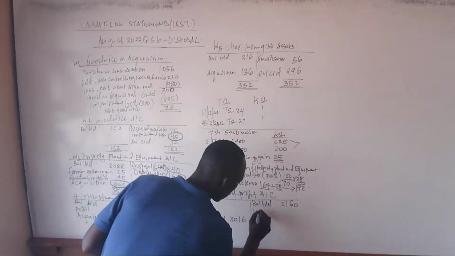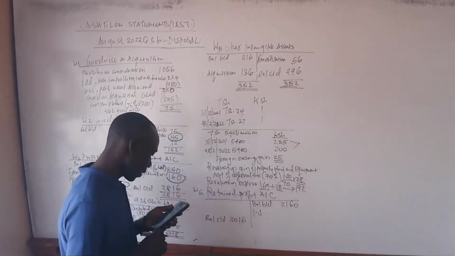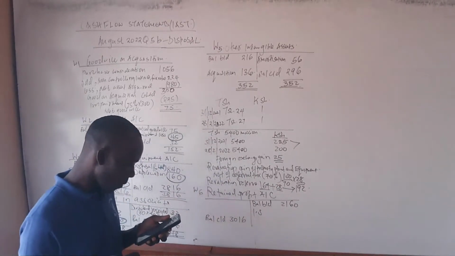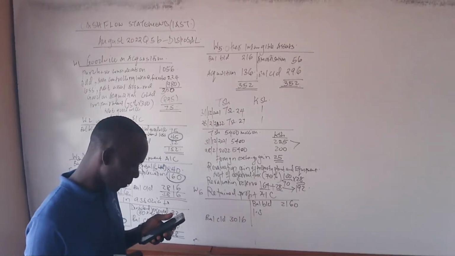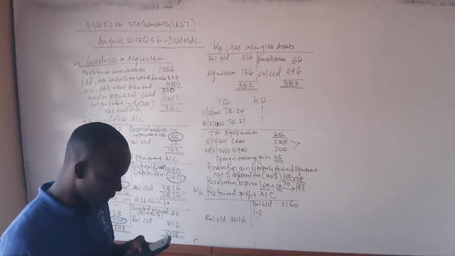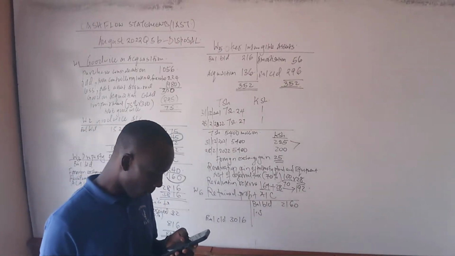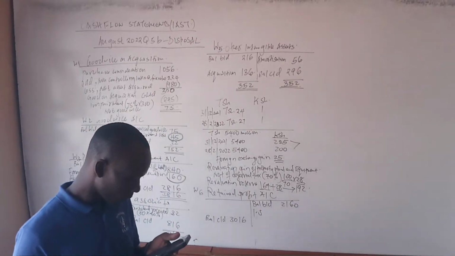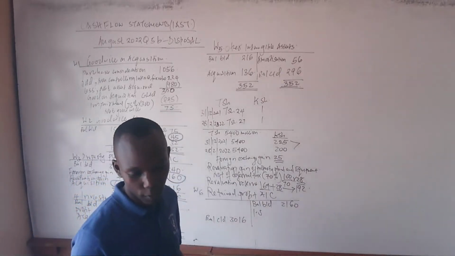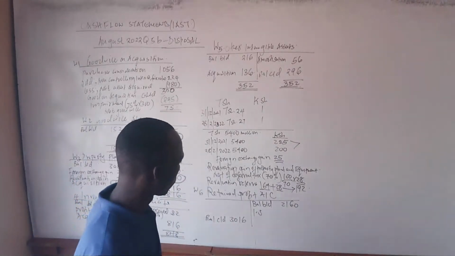Then the income statement. Give me the profit attributable to the parent. Go to the income statement, profit for the year, profit attributable to the parent. How much was attributable to the parent? 856.